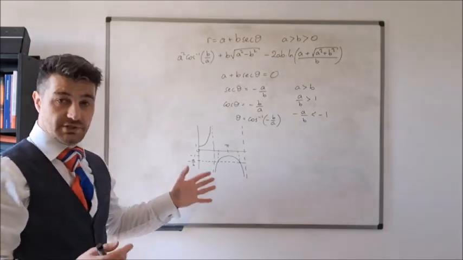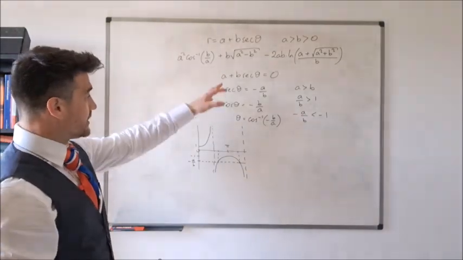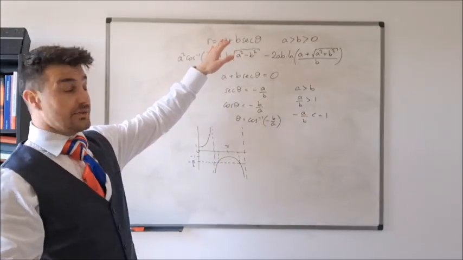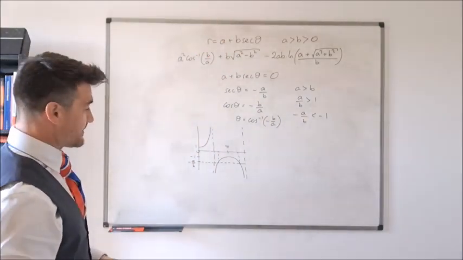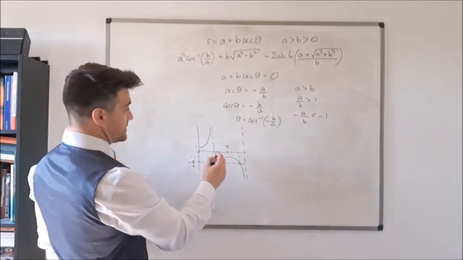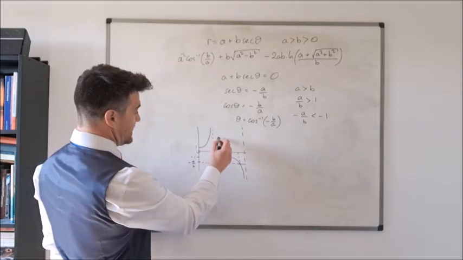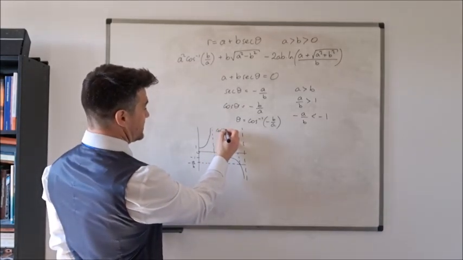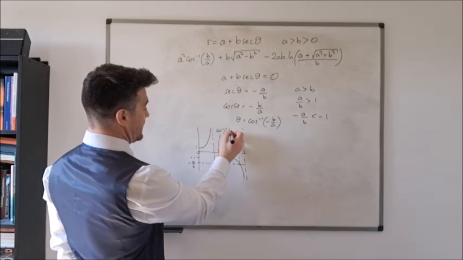And it's these two solutions which are going to tell us that we've got a loop on the curve of r equals a plus b sec theta. So one of these solutions, this one here, is going to be theta equals inverse cos minus b over a.